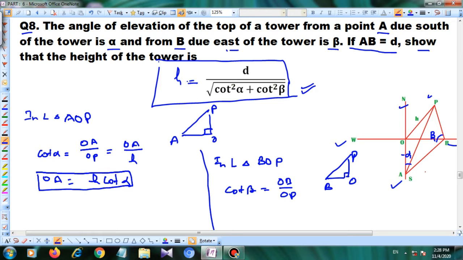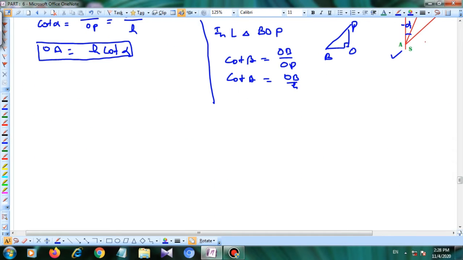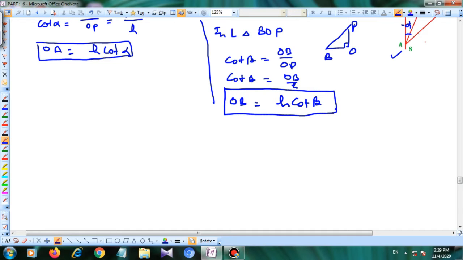OP is H. So cot beta will be OB upon H. It means the value of OB will be H cot beta. Clear? So this is our second equation, and this is the first equation.